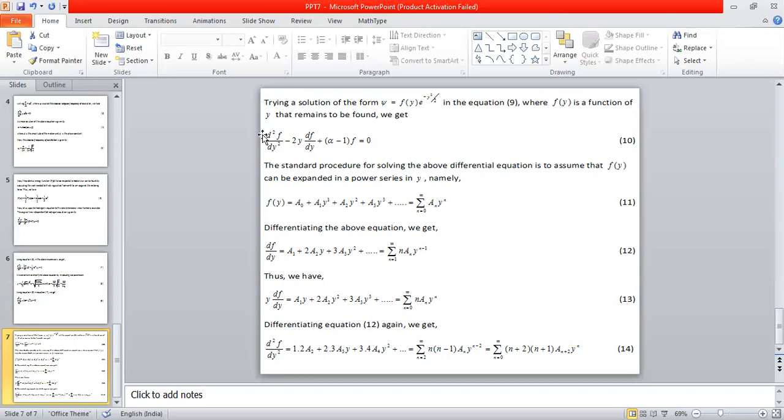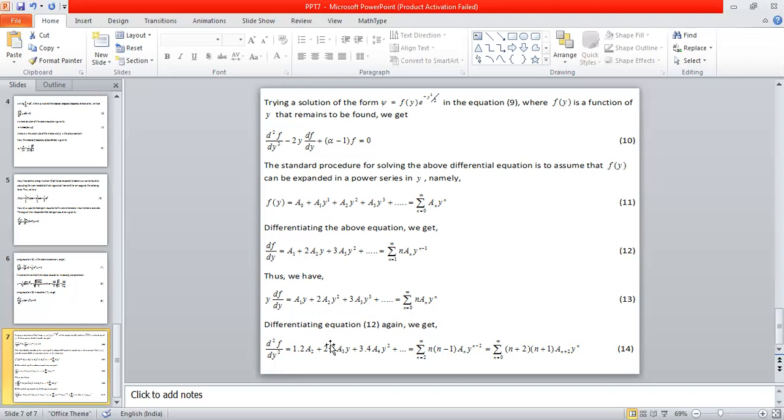Now we have a term of d square f divided by dy square also. So in order to find d square f divided by dy square, we need to differentiate equation 12 once again with respect to y. Differentiation of a1 becomes 0.